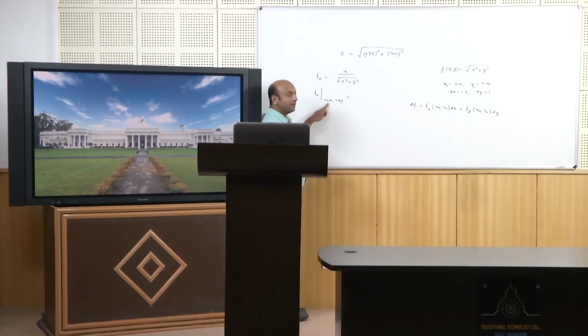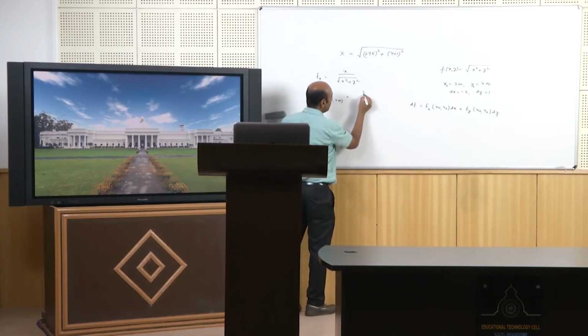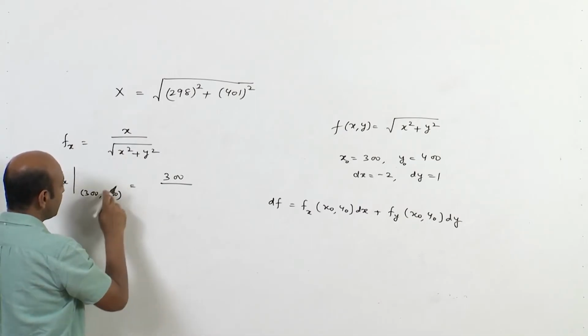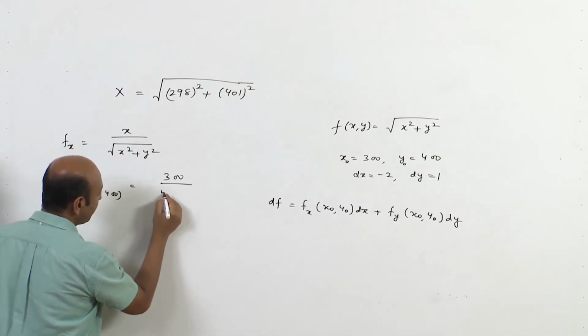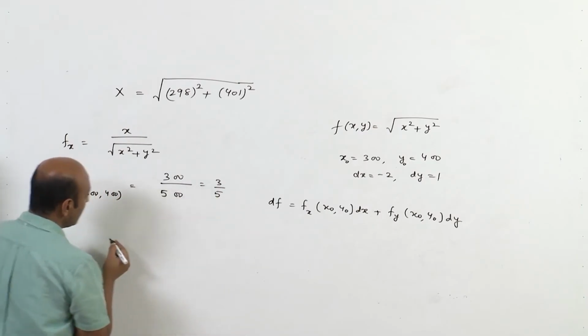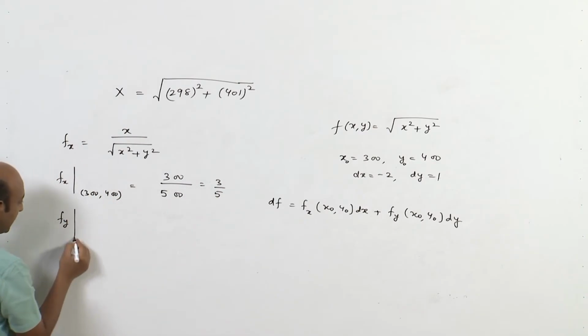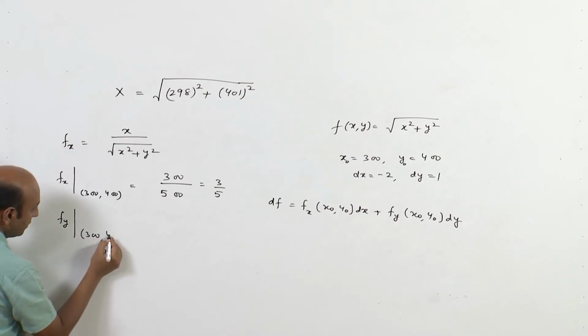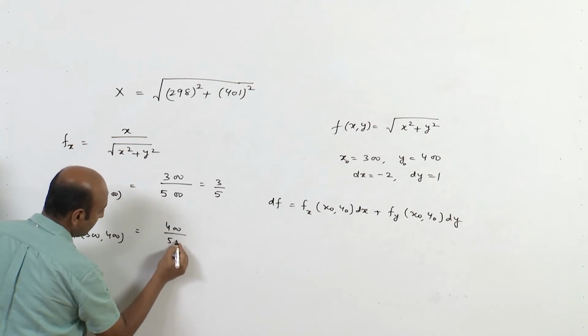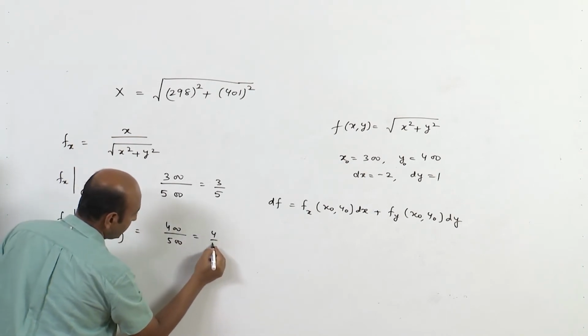So, at this point 300 and 400, when you substitute x as 300, its square is 9, 16, 25, 5, which is 500. So, fx will be 3 upon 5. And what will be fy at 300, 400? That will be 400 upon 500, that is 4 upon 5.